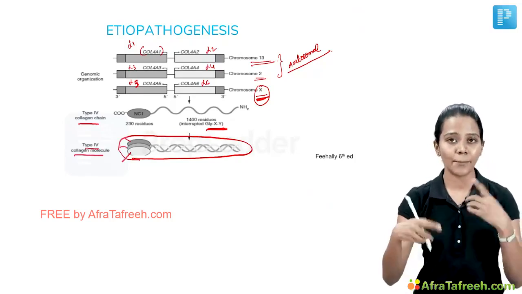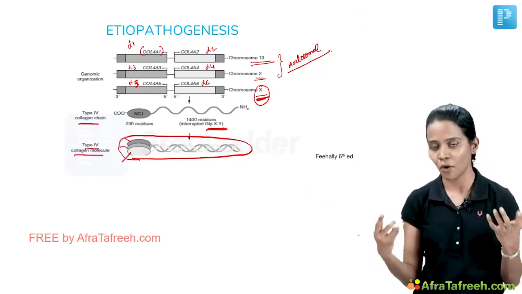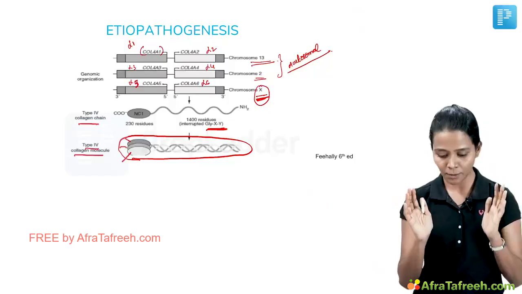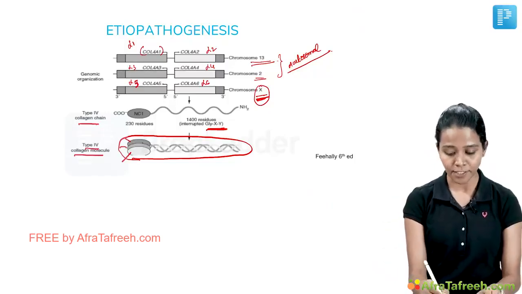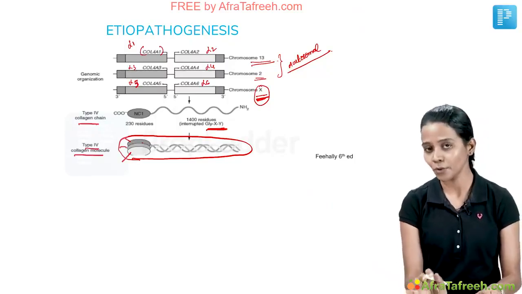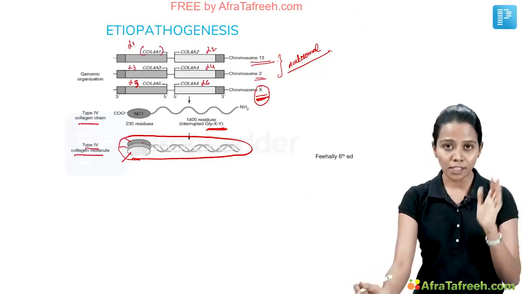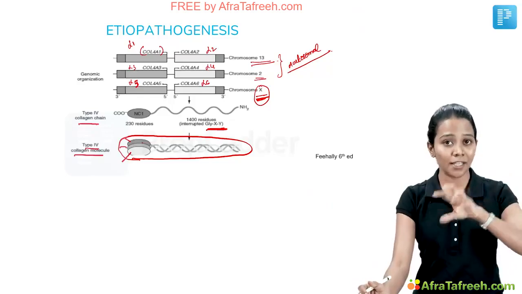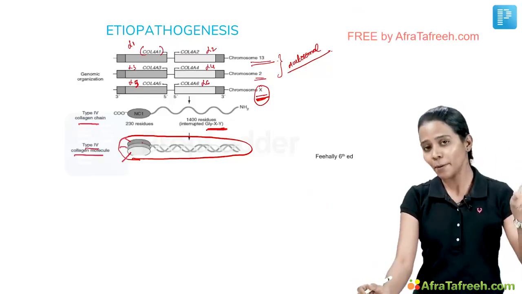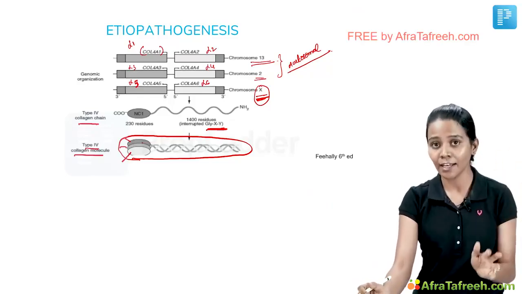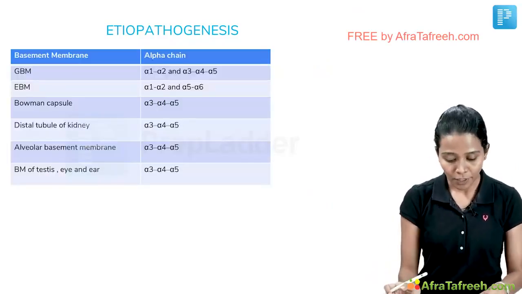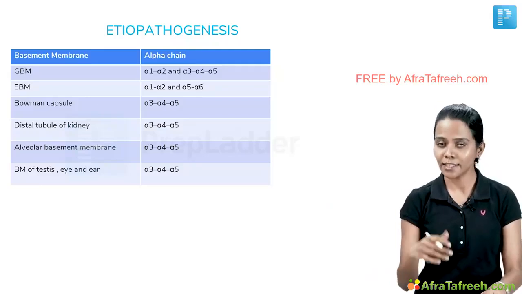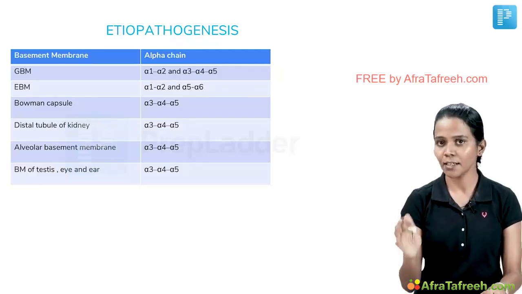These 3 alpha chains come together, coil around and form a type 4 collagen molecule, right? So what does it mean? If even 1 is not present, then the type 4 collagen molecule cannot get formed. This is what you have to understand, the basics of the glomerular basement membrane or any basement membrane and how the disease happens. Now, etiopathogenesis, we told that this type 4 collagen is present in the basement membrane.